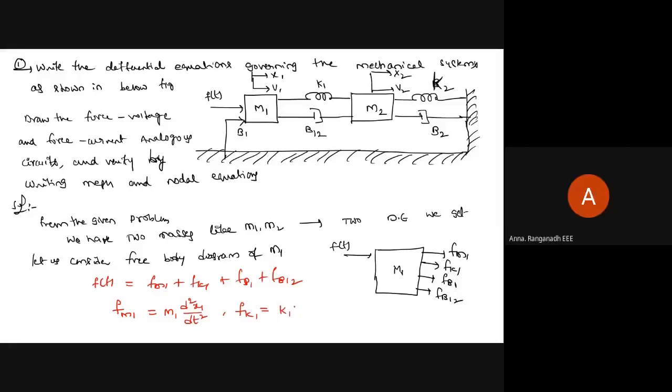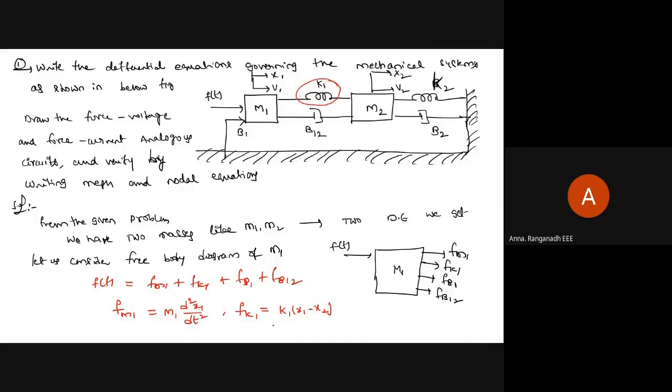Check it once. K1 into (x1 minus x2), because this K1 element is connected between the two nodes. We are writing the equation for node 1, that is M1, therefore you need to consider the first displacement and the second displacement. Therefore, K1 into (x1 minus x2).